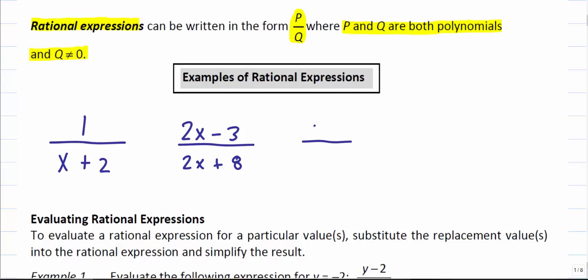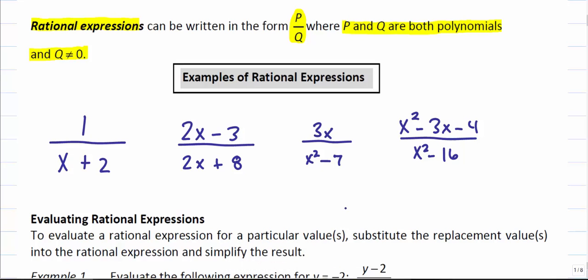Maybe we have something like 3x over x squared minus 7. Or maybe we even have something crazy like x squared minus 3x minus 4 all over x squared minus 16. So all of these are examples of rational expressions.